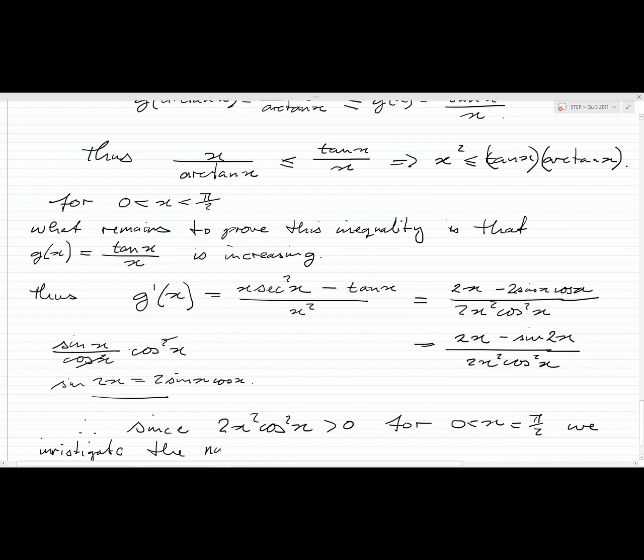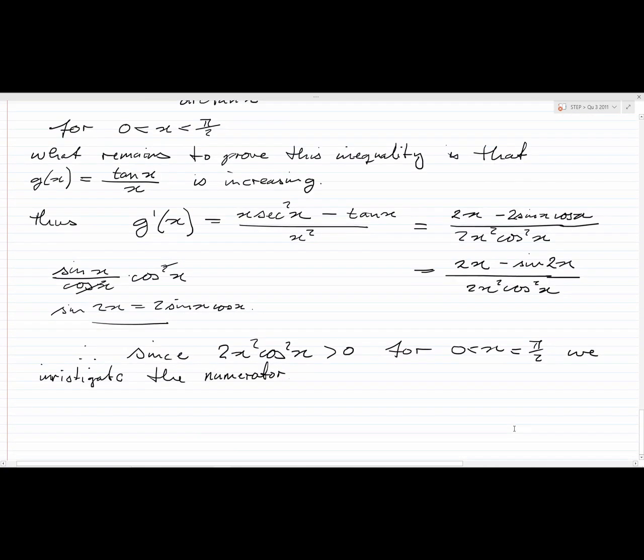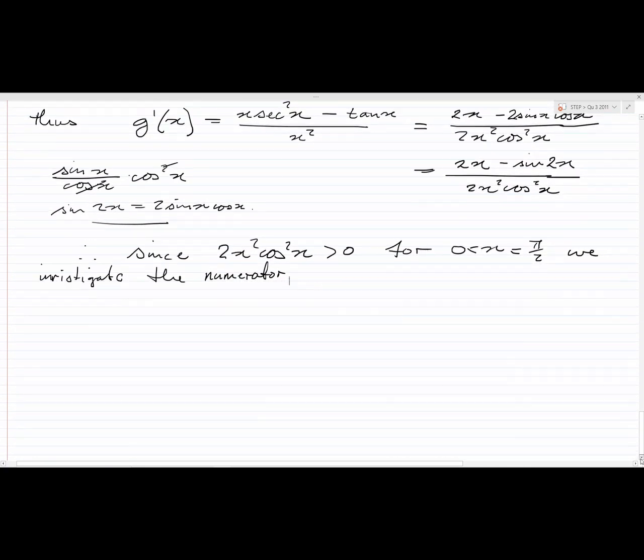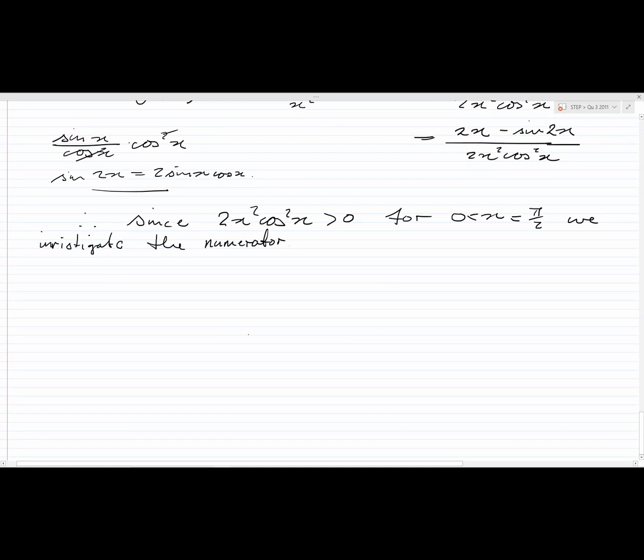Again, similar from before, only we've had a little less help from whoever set the paper. So what we're going to do is just consider this 2x subtract sine 2x. We need to show that this is greater than 0.